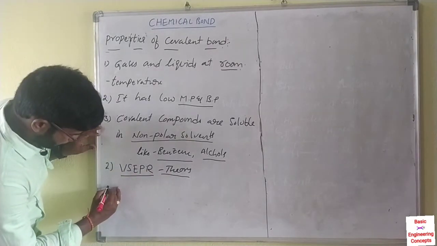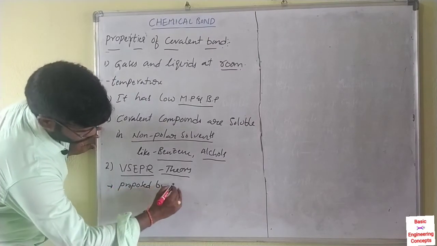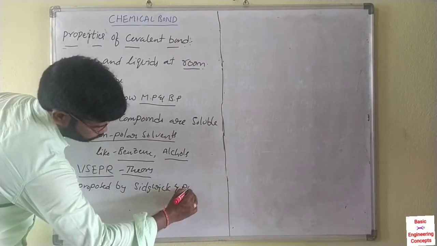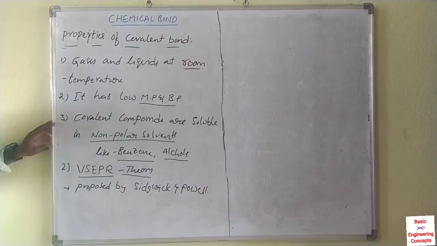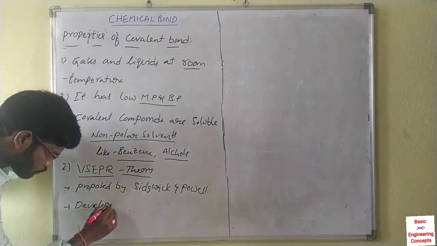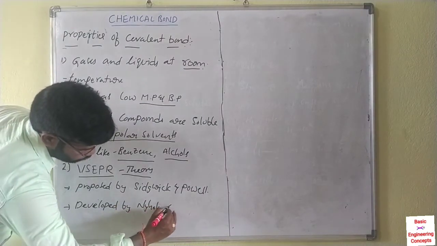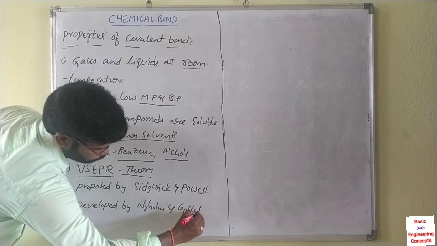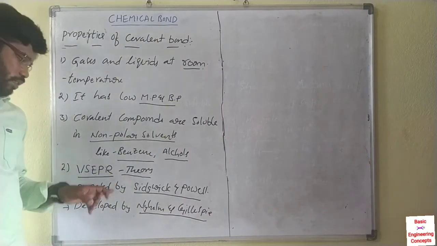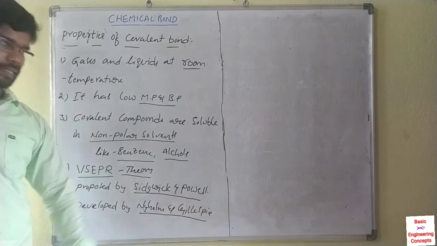It was first proposed by Sidgwick and Powell, and later developed by Nyholm and Gillespie. So VSEPR theory was first proposed by Sidgwick and Powell, developed by Nyholm and Gillespie.